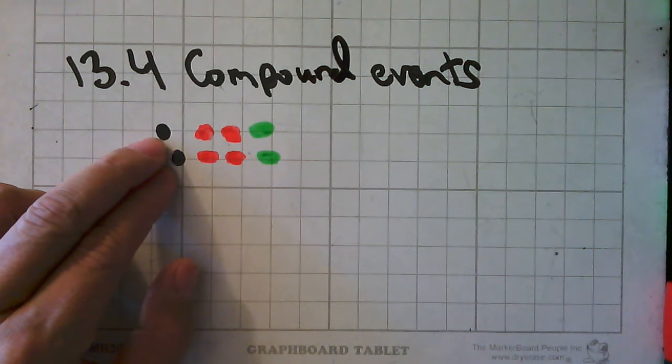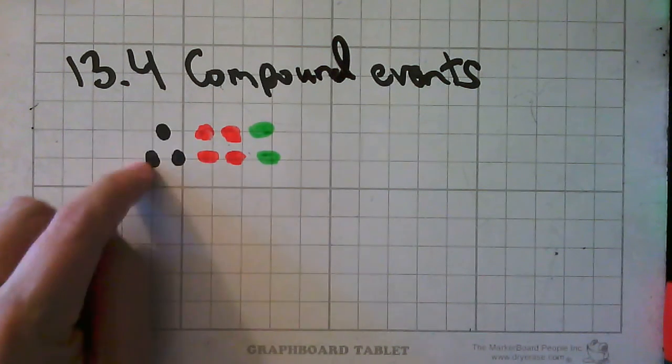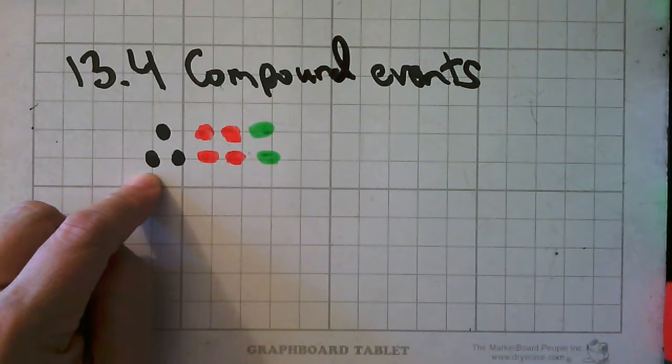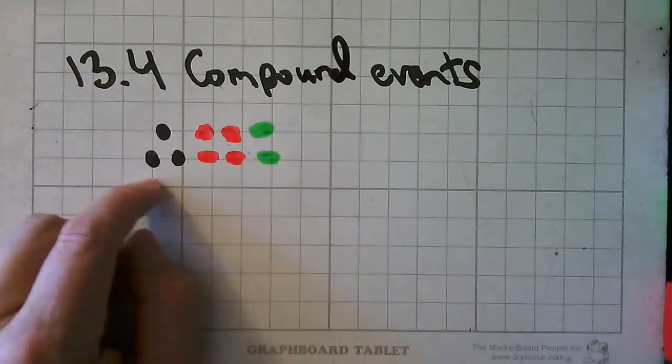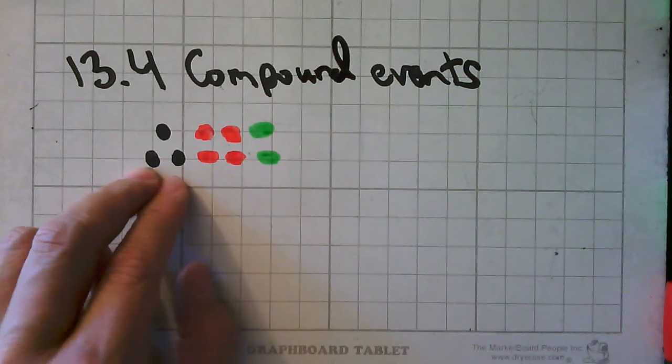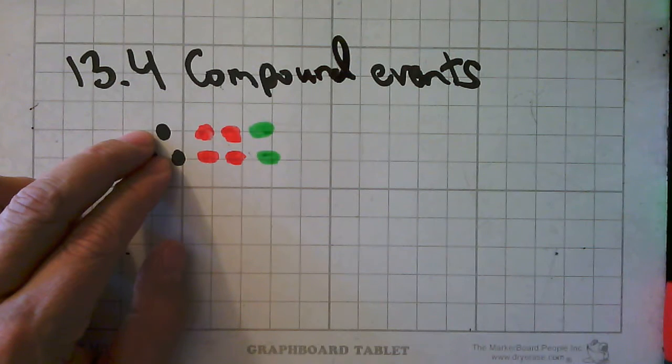In the first case, you would have three chances of getting a black out of a total of 4, 5, 6, 7, 8, 9. 3 out of 9, so it would be 1 out of 3. The second time you pick, if you didn't put the marble back, you would have a 2 out of 8 or a 1 out of 4 chance. So in this case, our events would be called dependent.